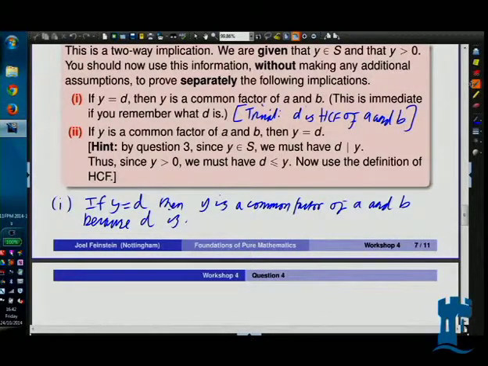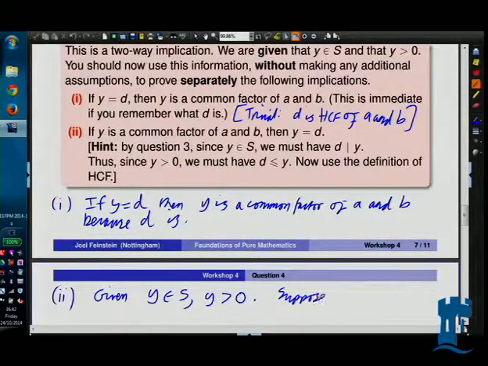Now, the next one, 2: given y is in S, y is greater than naught, suppose that y is a common factor of A and B.